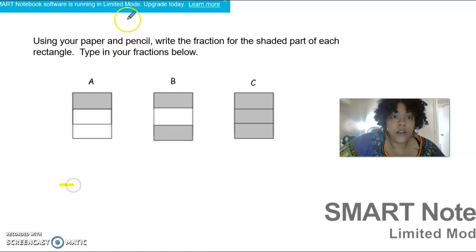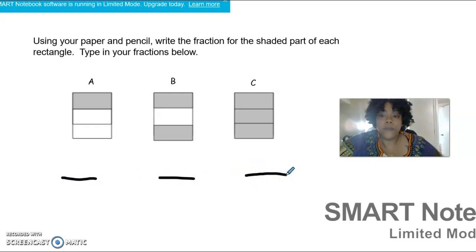I want to switch back to black. I'm sure that'll be easier to see. So I'm going to go ahead and underneath here, because I can't type it in like you should have been able to, I'm just going to draw 3 fraction lines, 1 under each whole. Boom, bam, pow. So now I have 3 fraction lines.